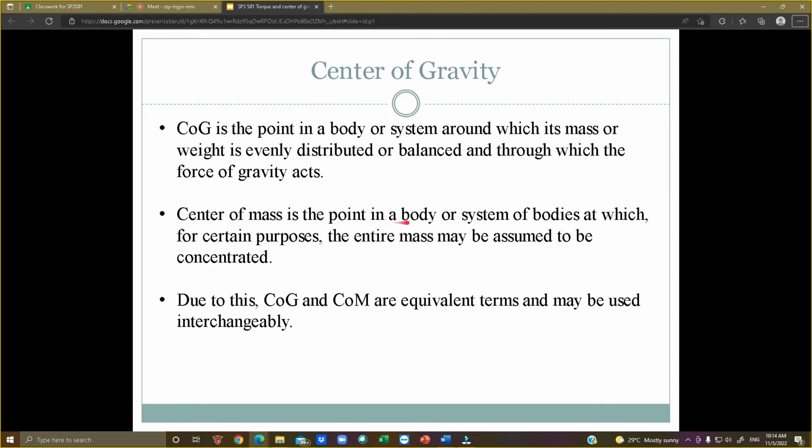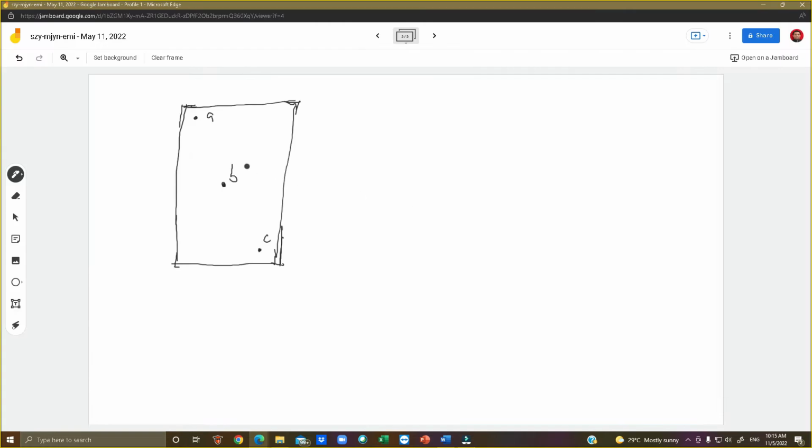It's the point in a body or system at which for certain purposes the entire mass may be assumed to be concentrated. These two things are different, but since they serve the same purpose, we can put both as equivalent terms. So that is the reason why most of the time center of gravity is actually in the middle.